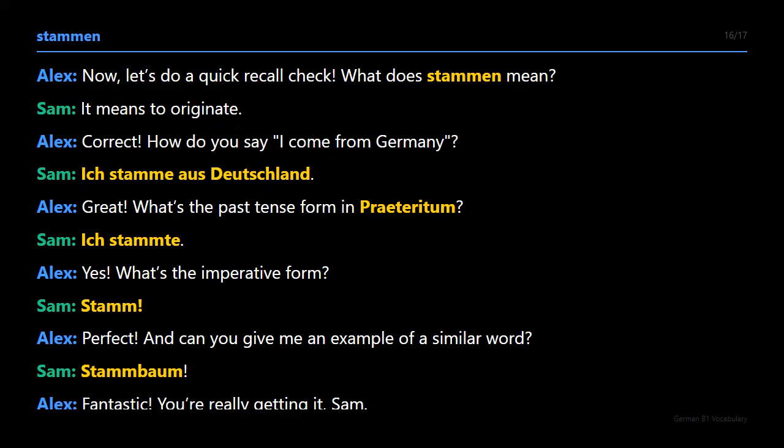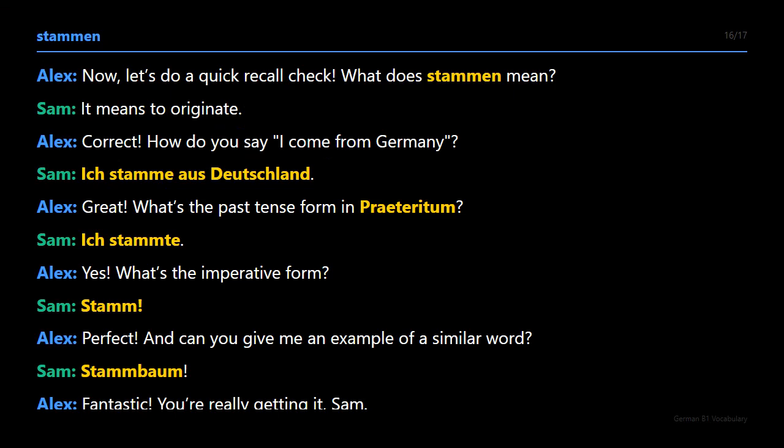Now, let's do a quick recall check. What does stammen mean? It means to originate. Correct. How do you say I come from Germany? Ich stamme aus Deutschland. Great.